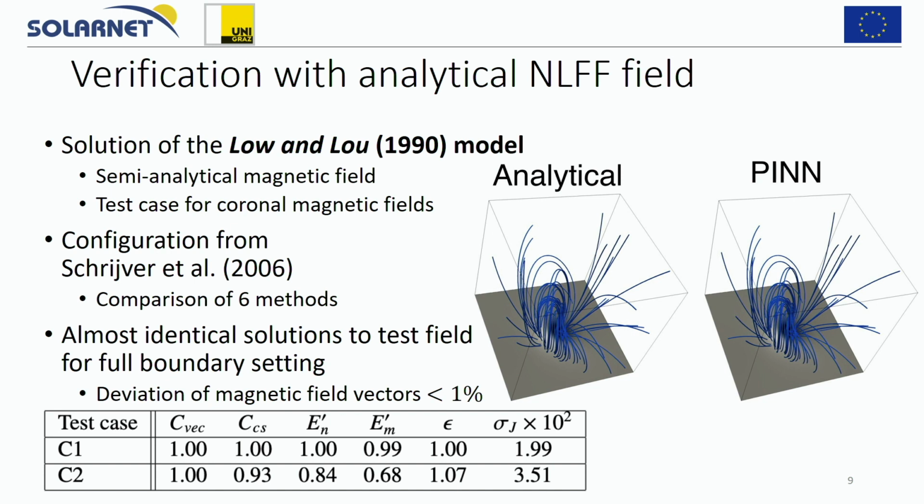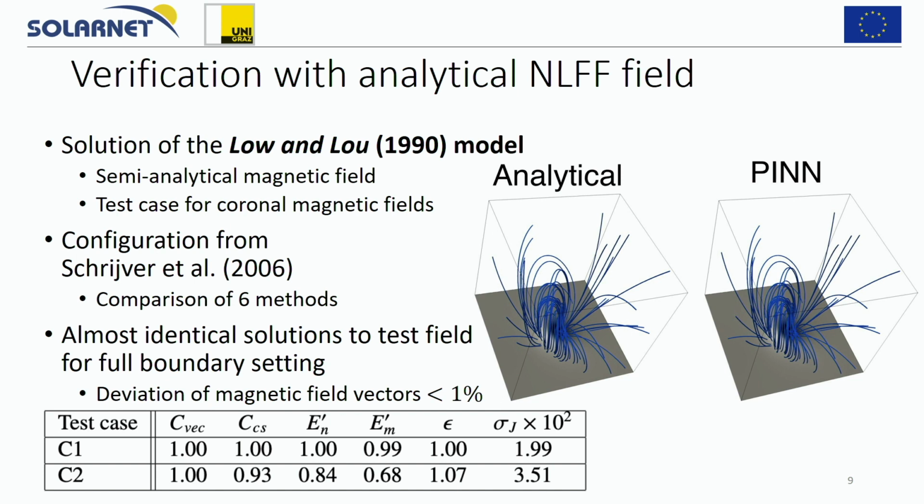And the metrics here are correlations between the vectors and deviations between the vectors, and epsilon here gives the ratio of the energies that we obtain. So we see that we get identical energies, and the metrics range have a maximum at 1. And we can see that we achieve, for this configuration, basically a perfect solution. And this also outperforms all the methods that were used in this comparison study here.